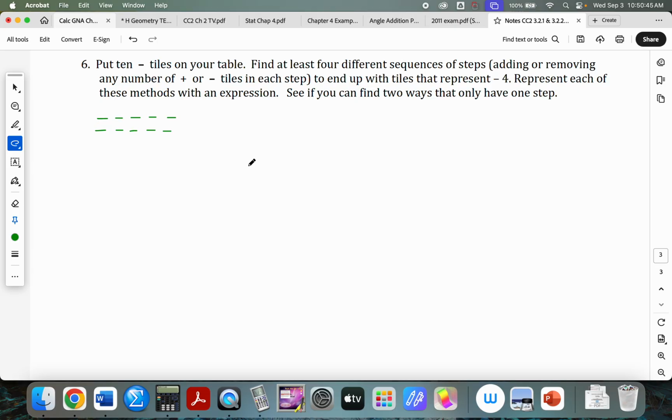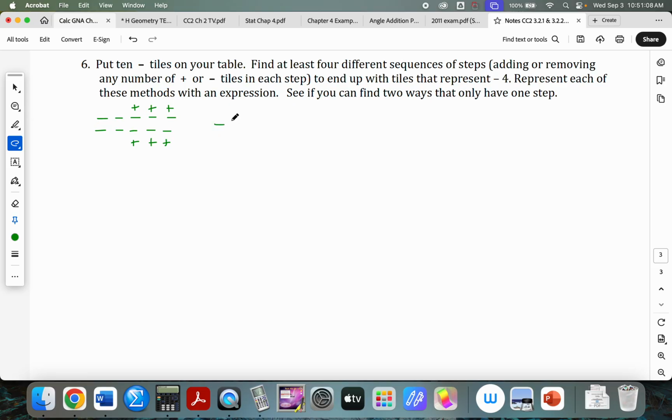Well, how can we do that? What's the fastest way to end up with negative 4? Add 6? Okay. So if we added on 6 more, 1, 2, 3, 4, 5, 6, that ends up at negative 4.